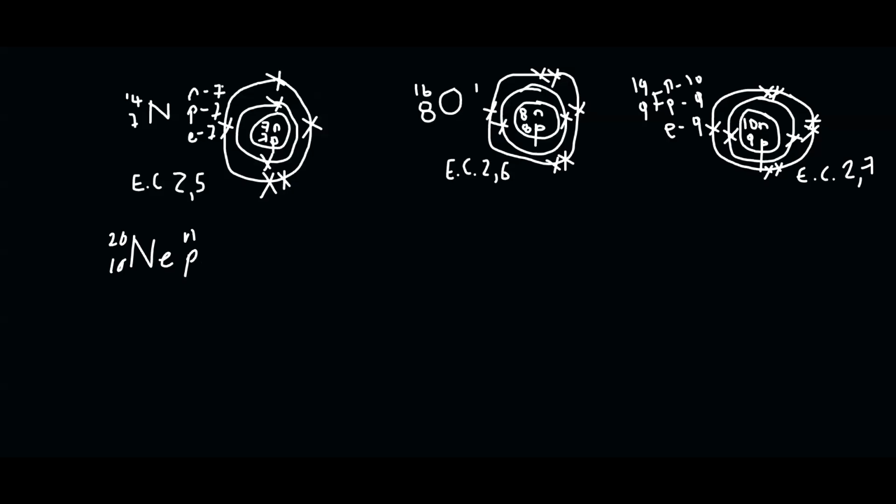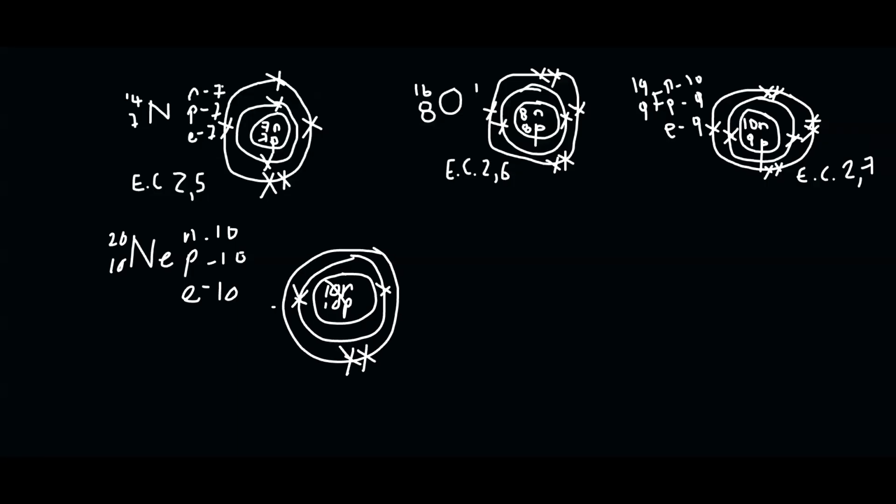All 10. Good. So we're drawing the structure, again you have 10N and 10P. So that 2, and then the other one. We realize that this shell is completely filled, and that's that with the noble gases. The EC now would be 2 and 8.